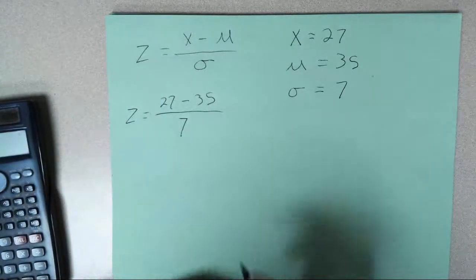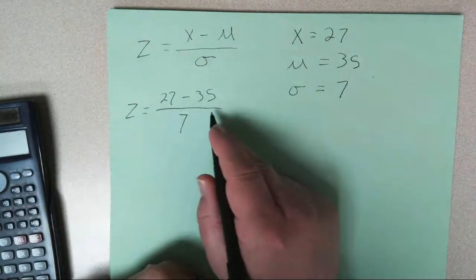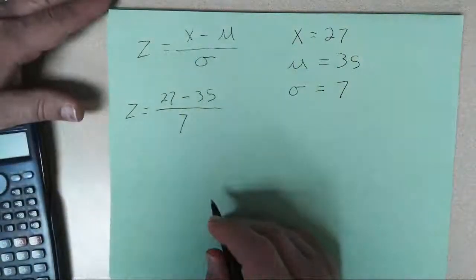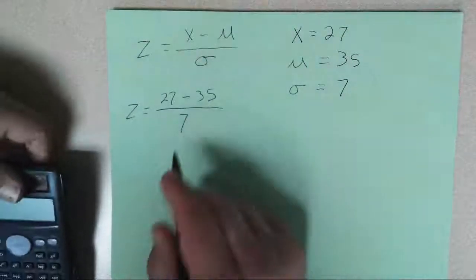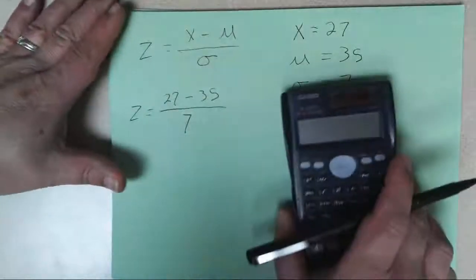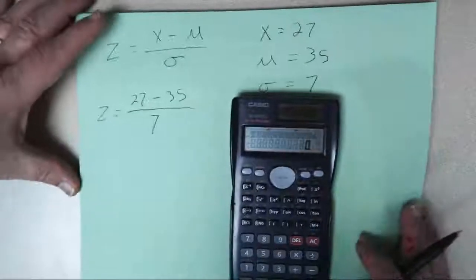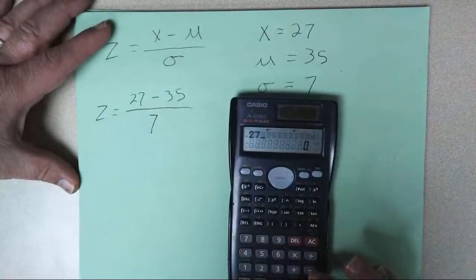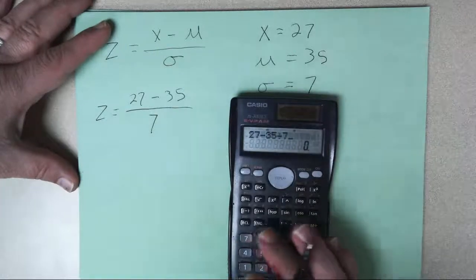Okay, so the fraction bar can be thought of as a division sign. Okay, so if I'm going to do this calculation to divide by 7, I would use the division. Okay, so I'd do like 27 minus 35 divided by 7.